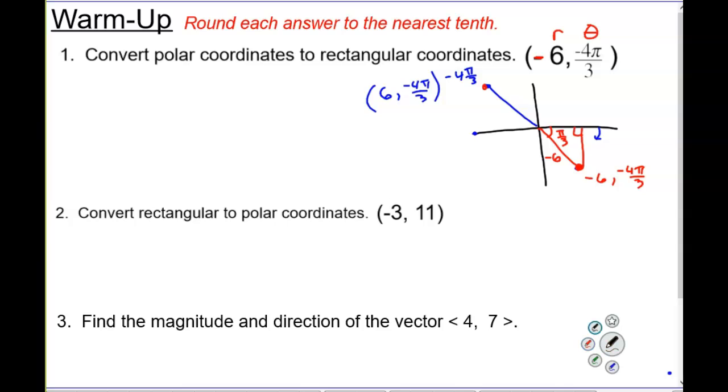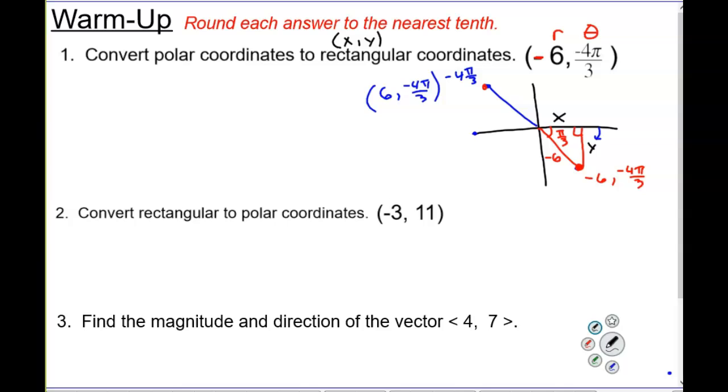So what I need is to find the x value and the y value, which will be my rectangular coordinates. Now, you may have memorized that formula that we gave you. I didn't memorize the formula.